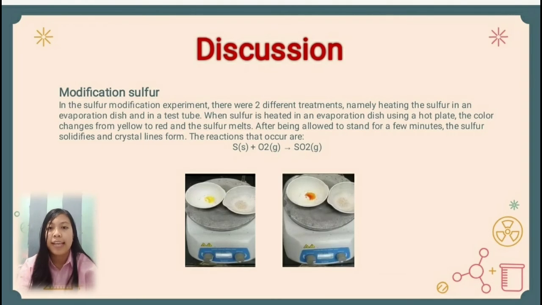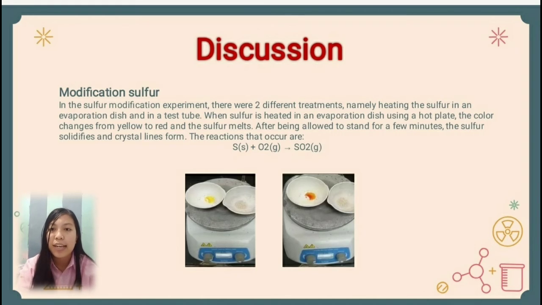When sulfur is heated in an evaporating cup using a hot plate, the color changes from yellow to red and the sulfur melts. After being allowed to stand for a few minutes, the sulfur solidifies and crystal lines form.